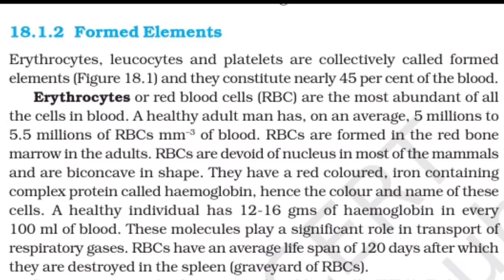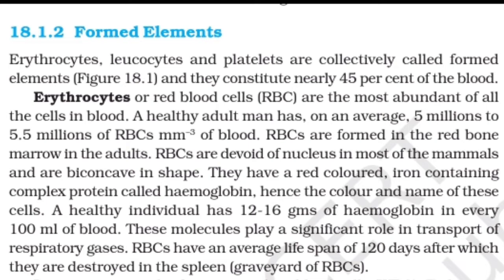A healthy adult man has on an average 5 million to 5.5 million of RBCs mm-3 of blood. RBCs are formed in the red bone marrow in the adults. RBCs are devoid of nucleus in most of the mammals and are biconcave in shape.